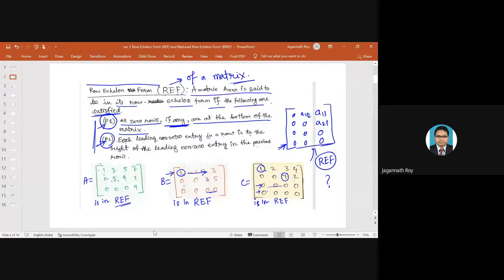Now each leading entry should be to the right of the previous row's. For row 1, there is no previous row, so the leading non-zero entry is here, for example A12. It is not saying that A11 should be non-zero. It can be 0 also. So with this knowledge, we proceed further.